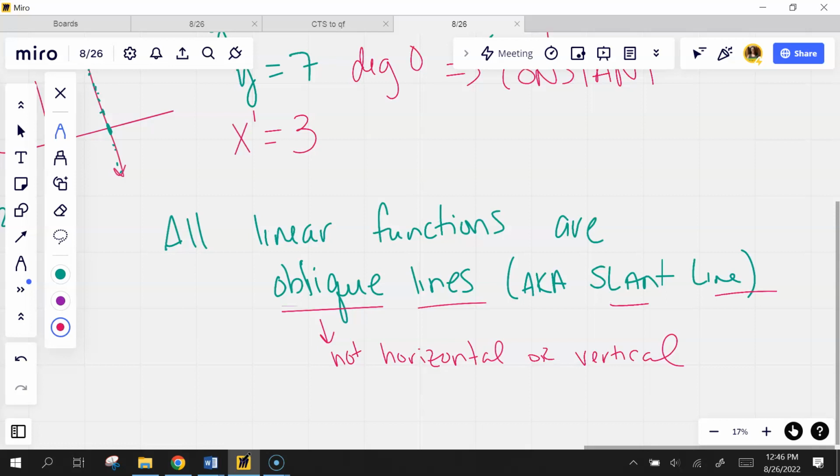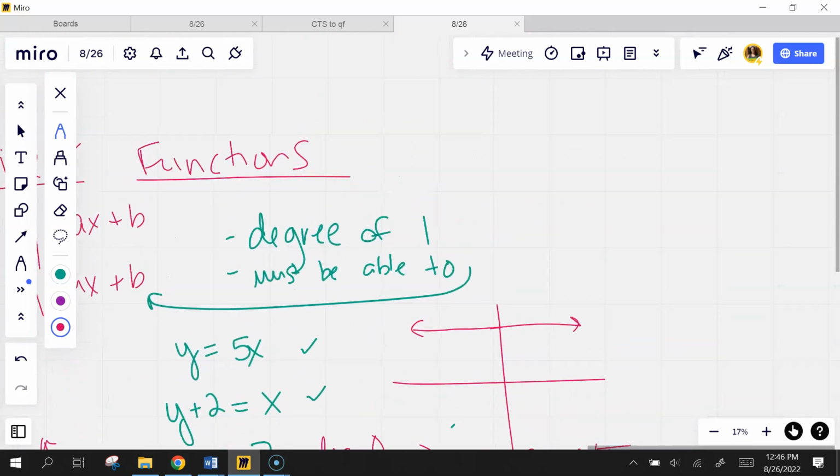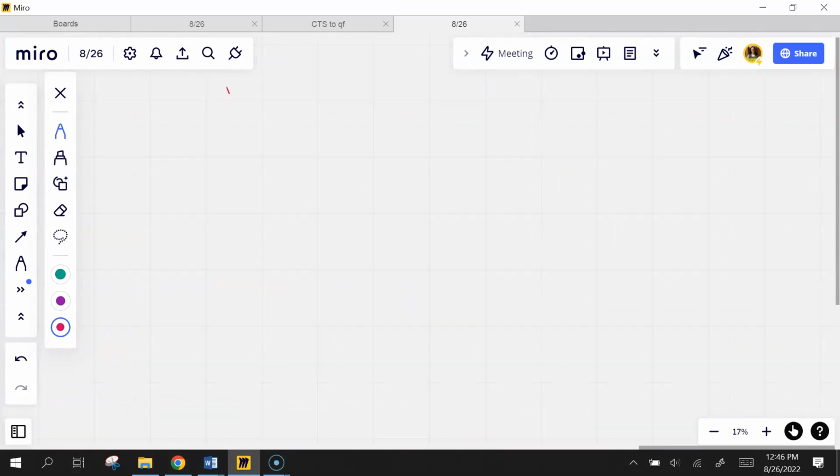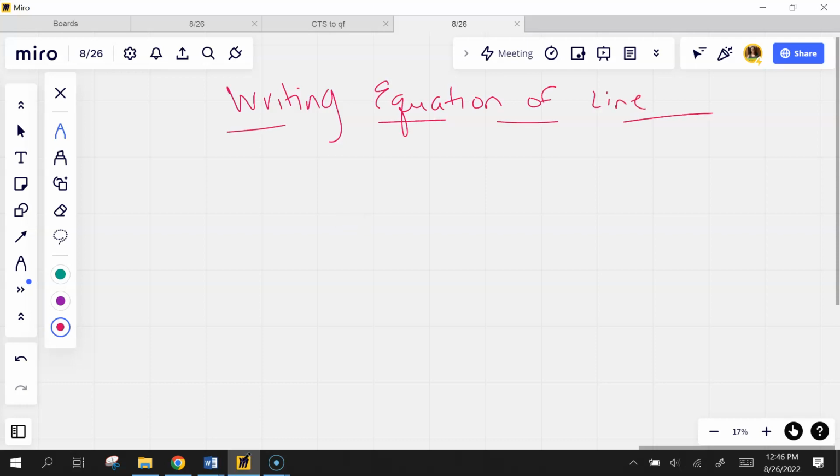Let's talk about how we write the equation of a line. This is easy. This is linear, y'all. We're easing in here. Let's say that I told you I have a function f, and f of -1 is 2, and f of 3 is -2.